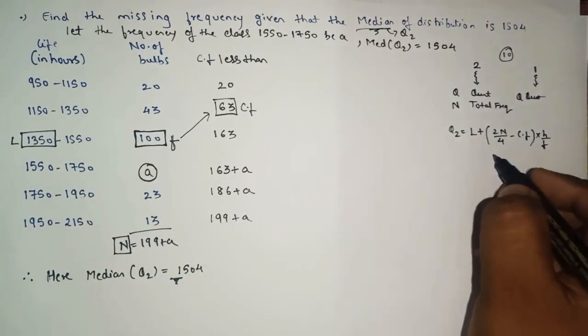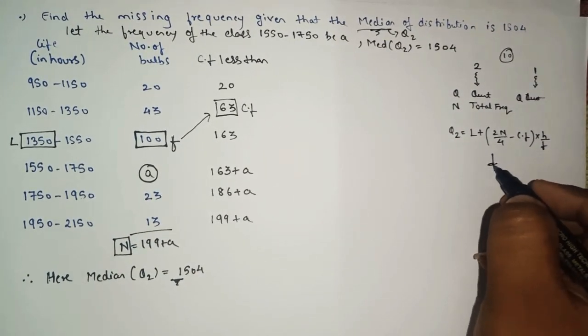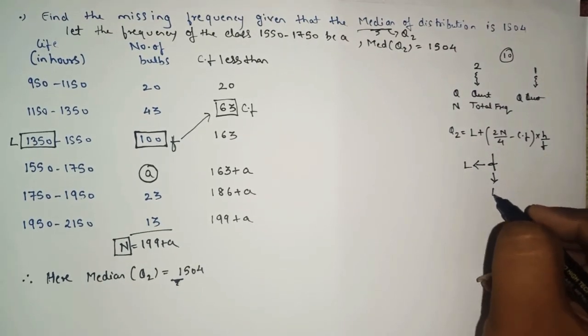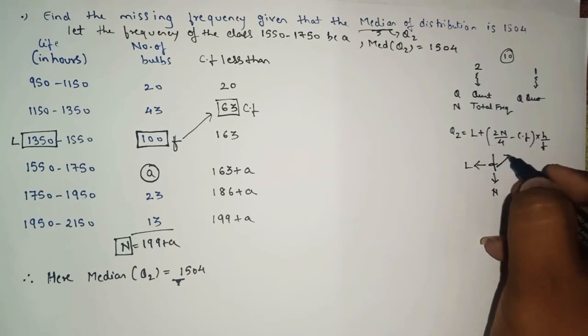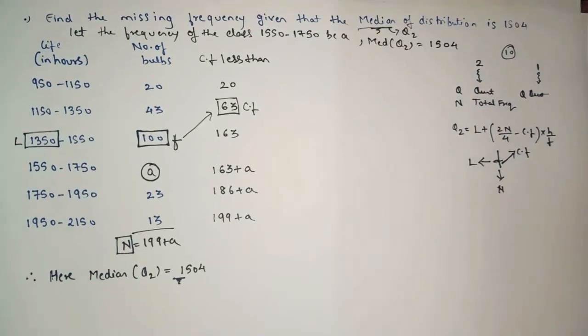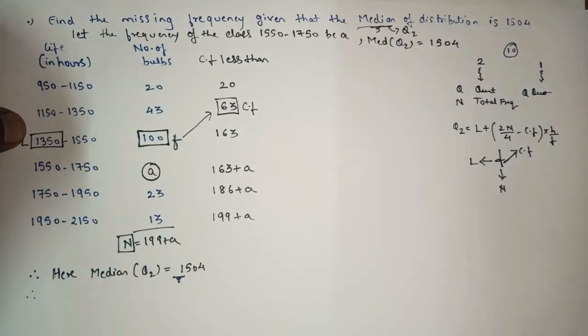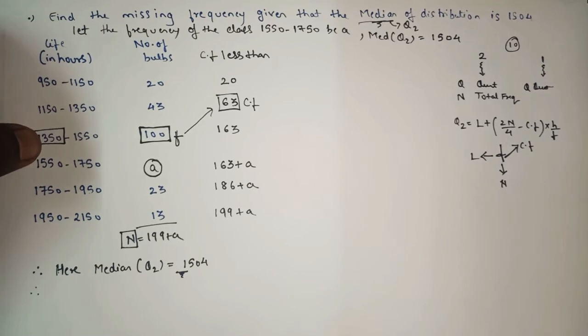As per the structure we know that if you get the value of LF, on the left-hand side you will get the lower limit, in the bottom you will get N, and in the cross you will get what? The value of CF. Yes or no? So here we'll write what? I hope you all understood this method, as all this I had explained in the last video lecture. Yes or no?